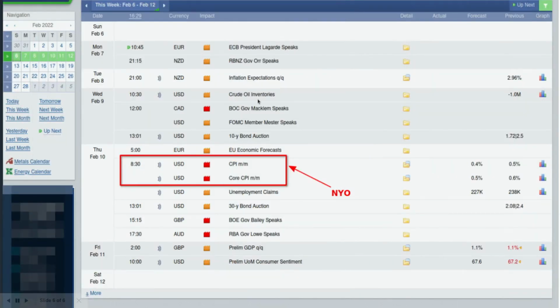All right, so this is the economic calendar for the coming week. My interest is on Thursday. As you can see here, we have high impact news CPI for the dollar, and this will be happening during the New York Open kill zone. So this is where I'm expecting most of the movement for this week.